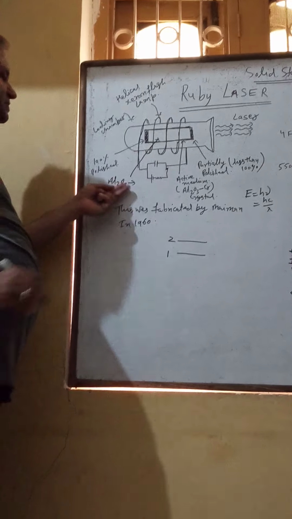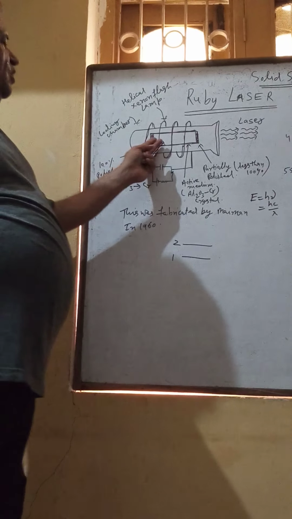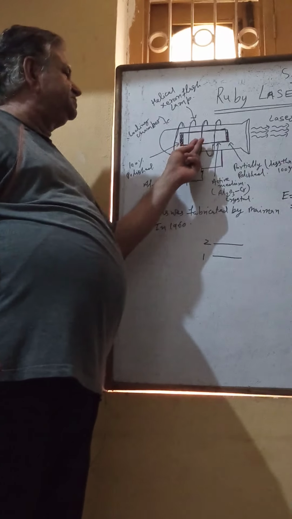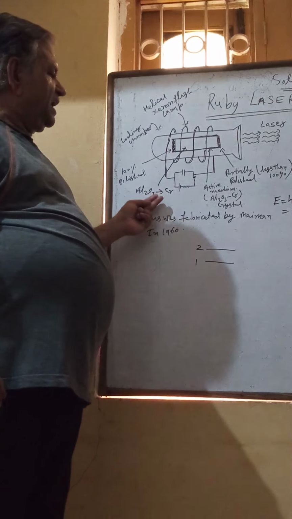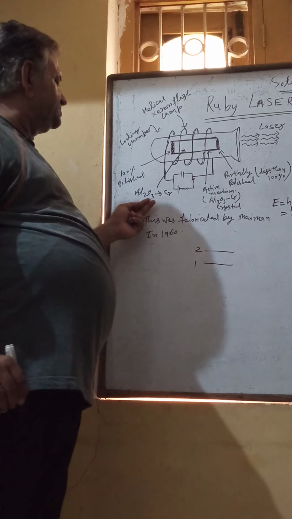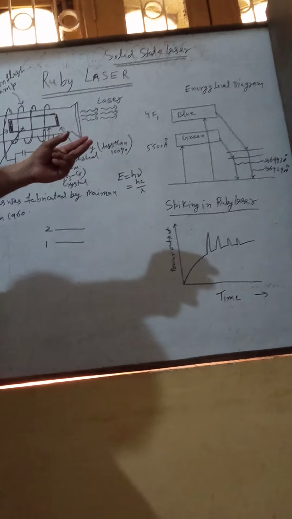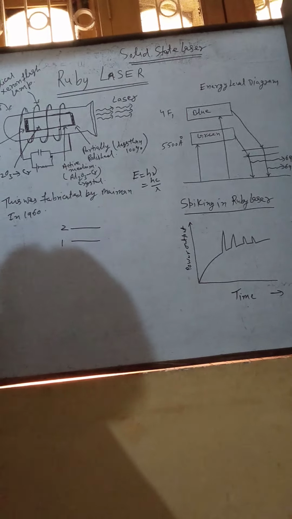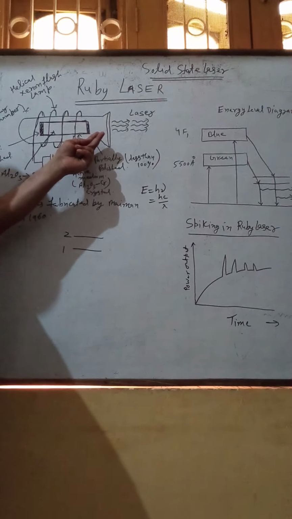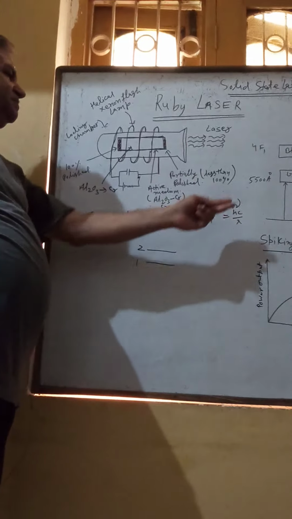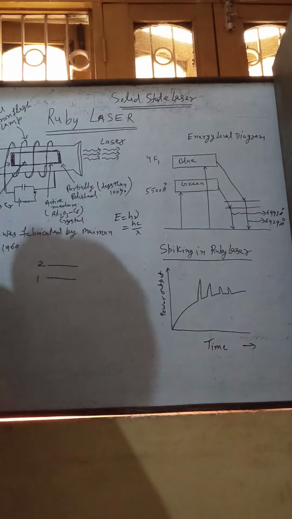This aluminum atom is replaced by chromium atom, and this chromium atom also helps the atoms to go to the metastable state, and in the metastable state the atoms stay for more time. When the atoms come down from the metastable state, laser is produced.